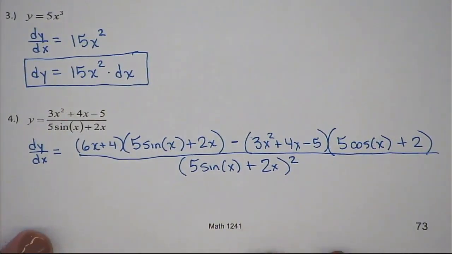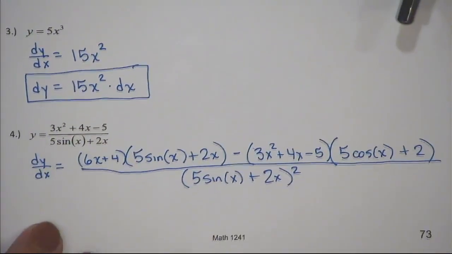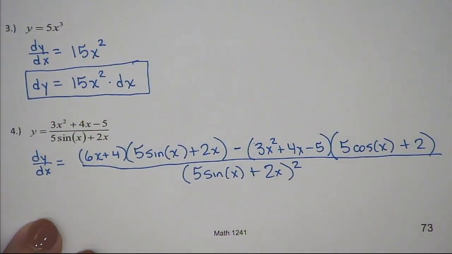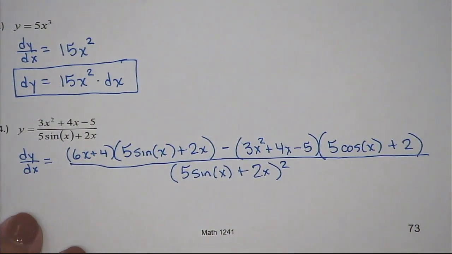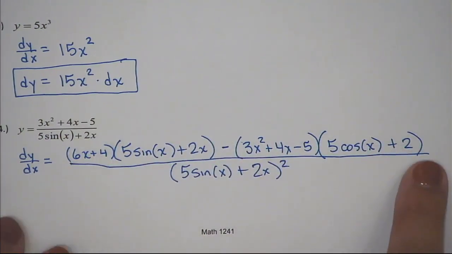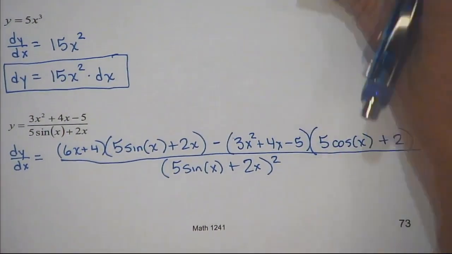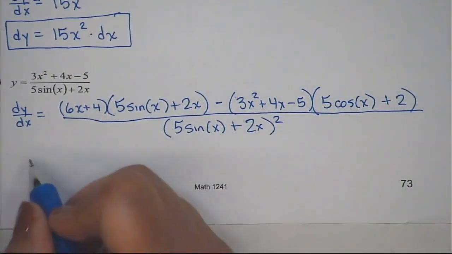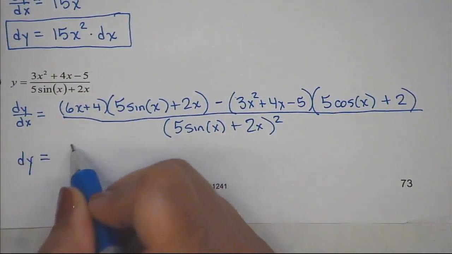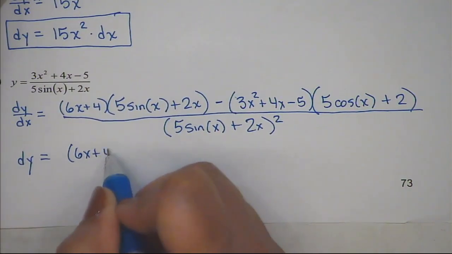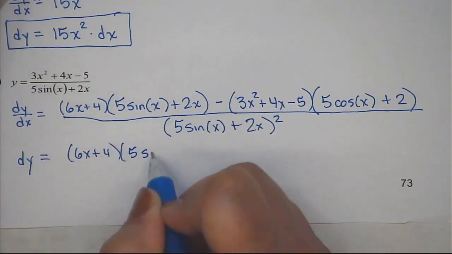All right, so there's your derivative. All right, so your differential will be take this and multiply it over here, right? So if you want to be a cheater and cross that out, just put it over there, that's fine. So our differential, I'll just do it real quick, would be all of this times that dx, okay?